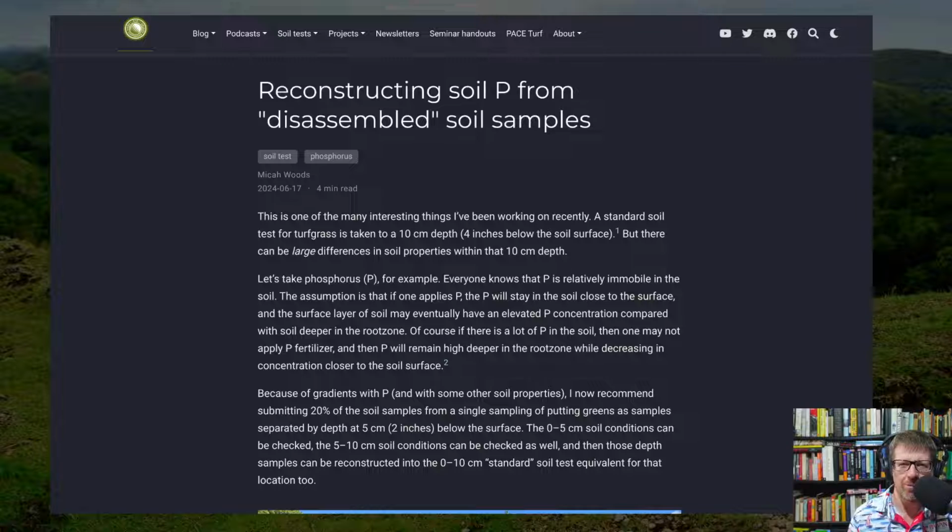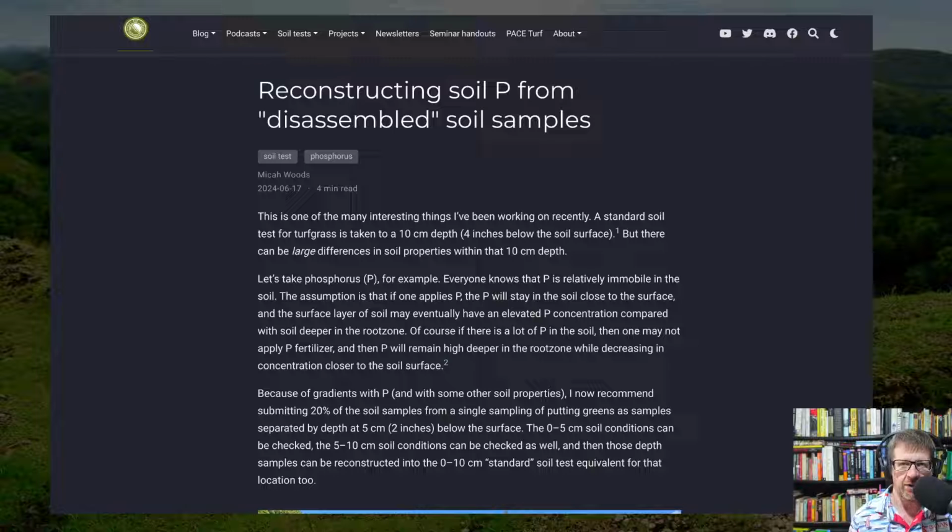It is a blog post that I'll put a direct link to in the show notes so you can check it out. The title is Reconstructing Soil P from Disassembled Soil Samples. I want to explain what I mean by disassembled, and I want to explain how I reconstruct the soil P, and I want to explain what this is all about, because it's about doing soil testing in a way that will allow you to get even more value from it.